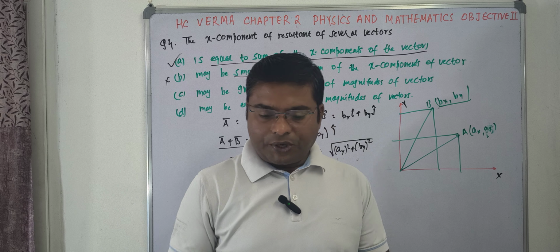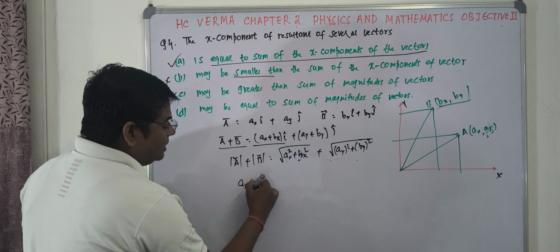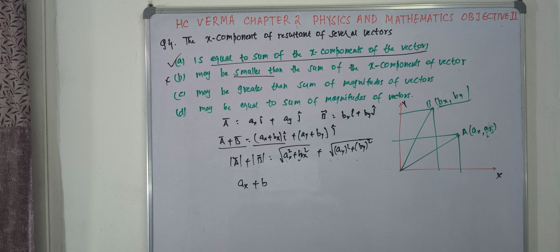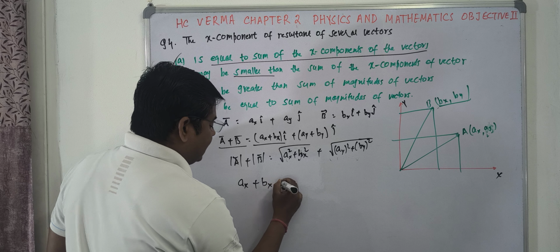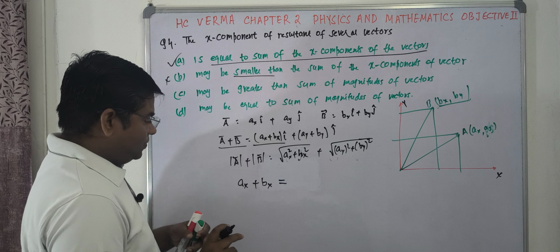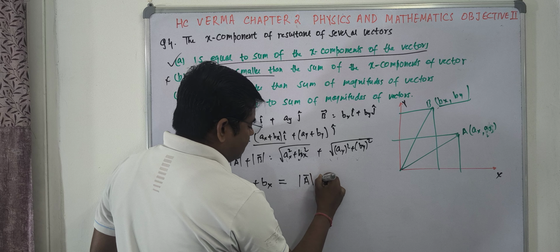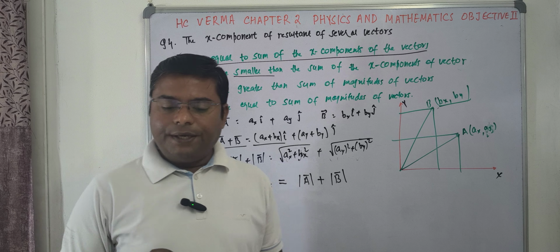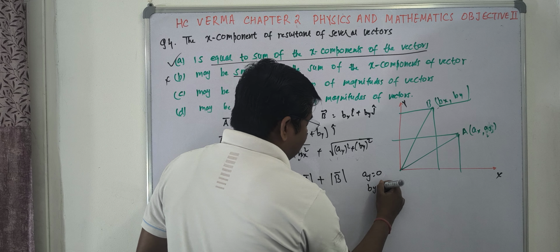Yes, it may be, because ax plus bx is equal to mod of a plus mod of b, and this happens only when ay is equal to 0 and by is equal to 0.